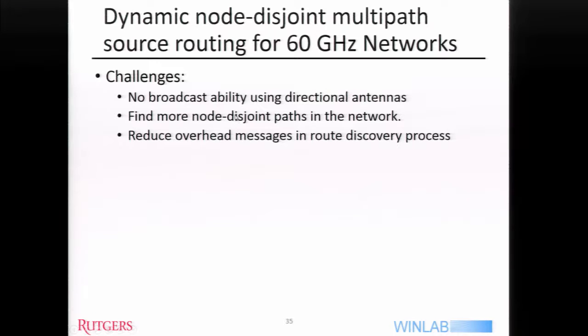So that is one difference. The other thing is that we also want to find more node disjoint paths in the network because we have this kind of spatial reuse, and we also do not want to induce too many overhead messages in order to find these node disjoint paths.